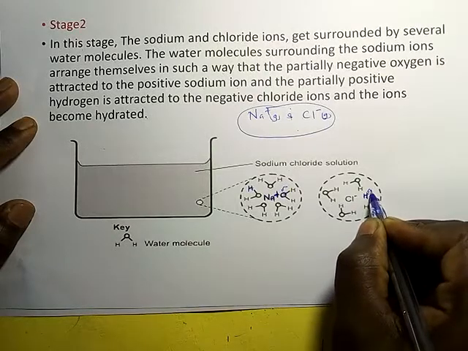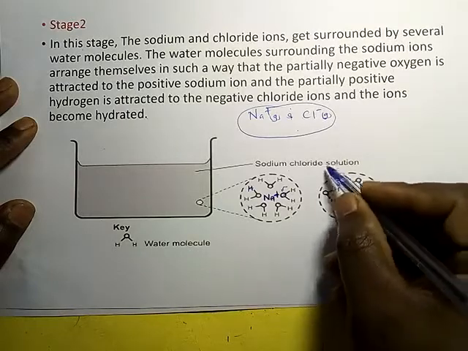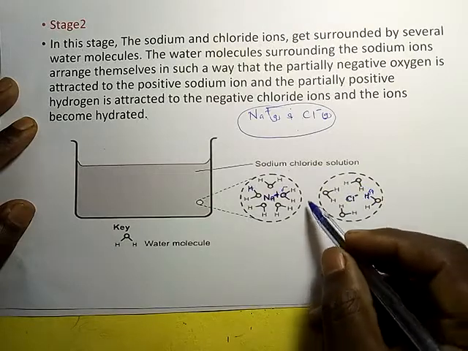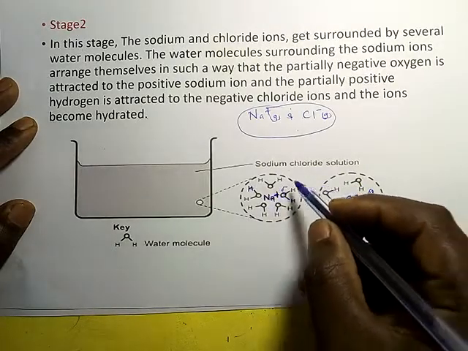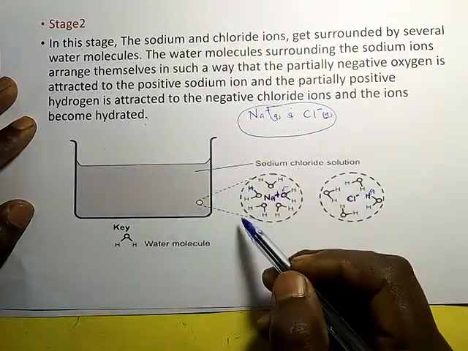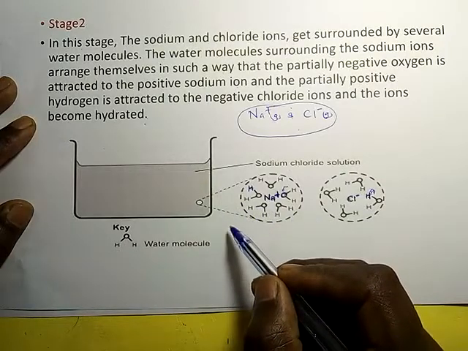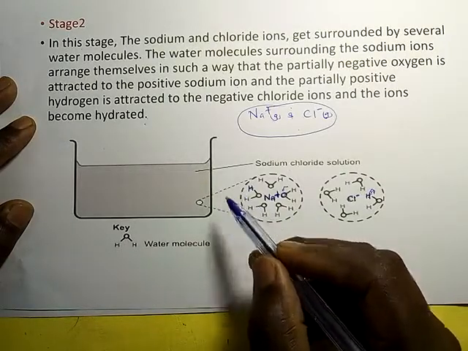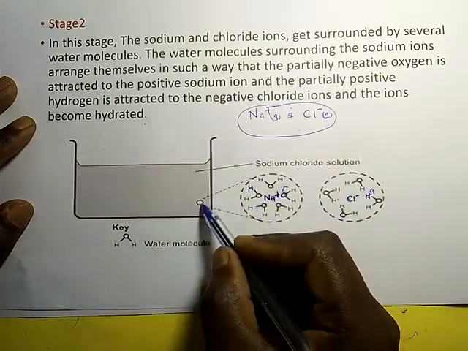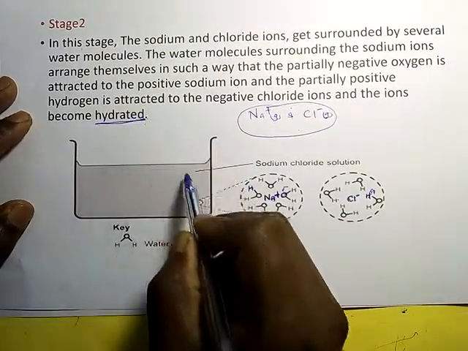Hydrogen is positive and the chloride ion is negatively charged. Therefore, the water surrounds the ions in this way, and the ions become hydrated. If you jump into a swimming pool and go deep into the water, you are covered by water, you become hydrated. So these ions, now covered by water, become hydrated. So we have talked about the second term, hydration.